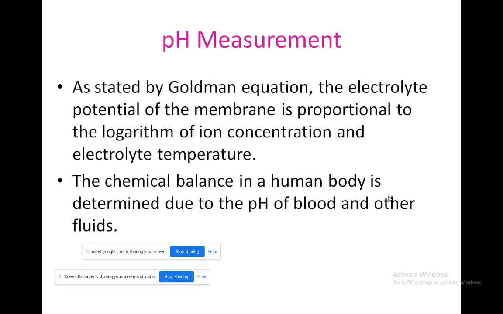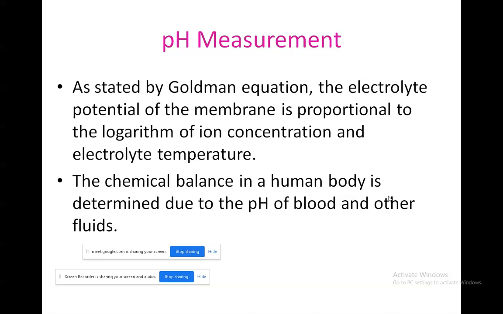The chemical balance in the human body is determined by the pH value of blood and other fluids. We can say the chemical balance in your body can be measured by finding the pH value in blood or any other fluids in the body.